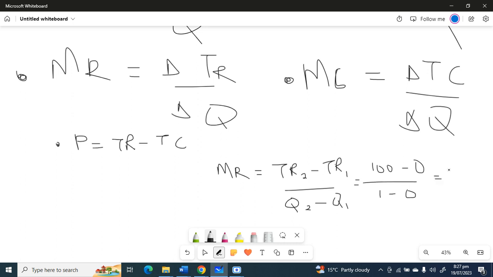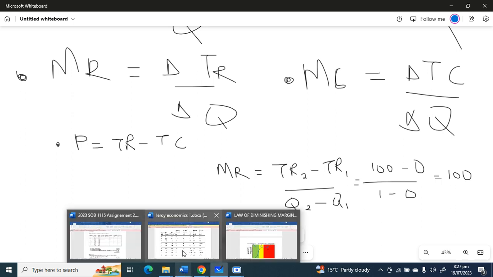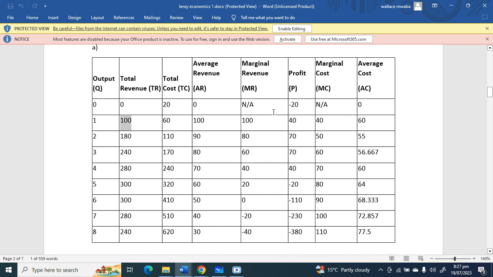So marginal revenue 100. Are we okay with that tabulation here? Profit, total revenue 100 minus total cost 60, 40.